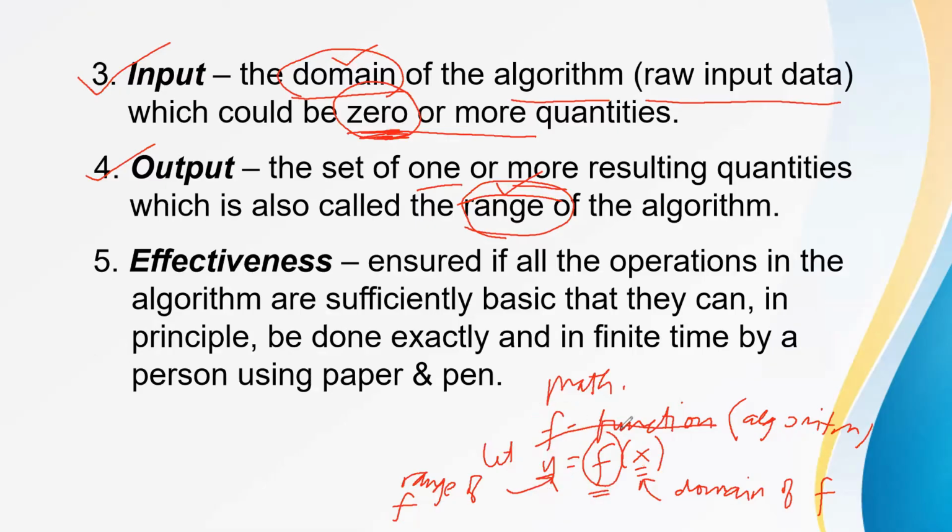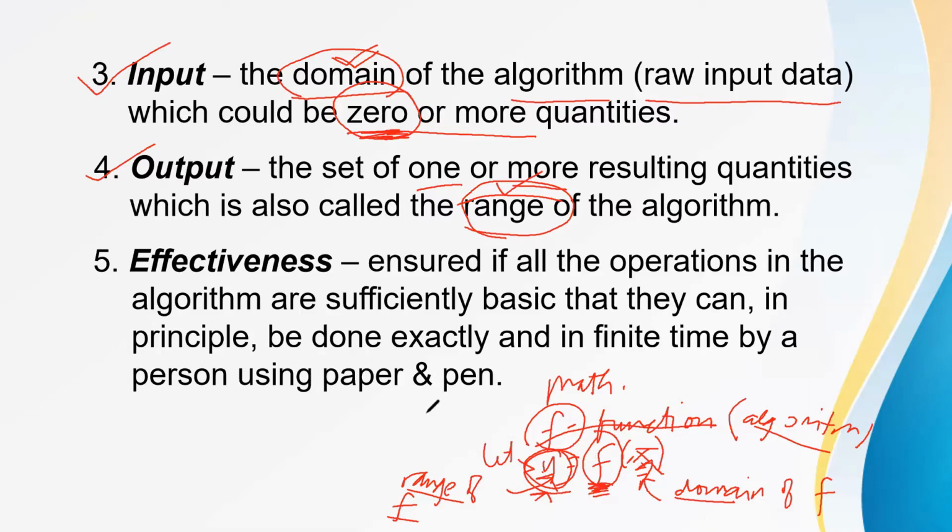So when we input this domain value x into this algorithm, it gives us an output result, which is the corresponding y for that input. When we input another value, then we have another unique output y for that input value.